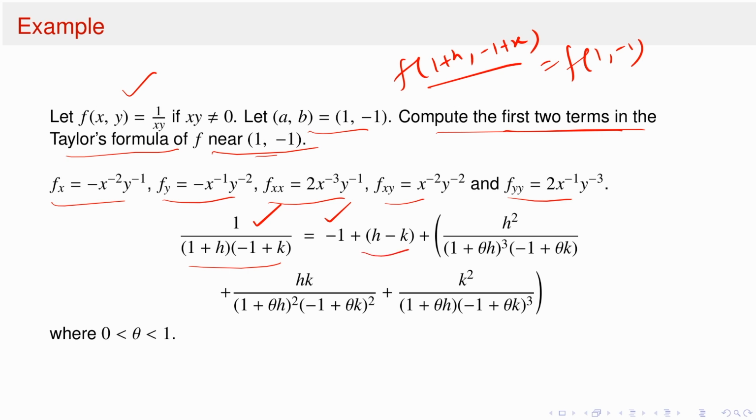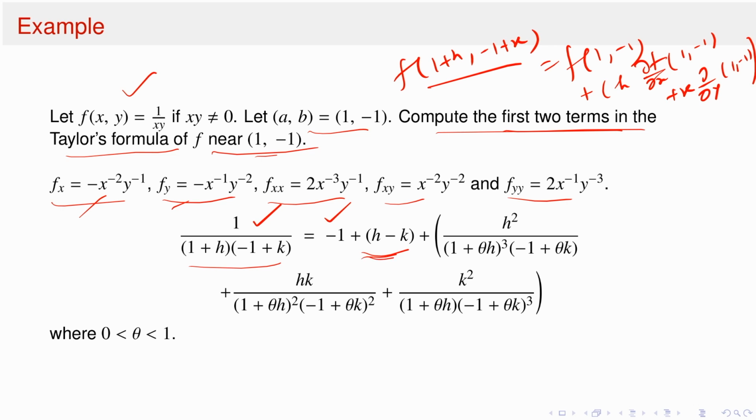So if you remember, this is nothing but f of (1+h, -1+k), plus h into del f del x at the point (1, -1), plus k times del f del y at the point (1, -1). Del f del x you know and del f del y you know, just evaluate it at the point (1, -1). This will give you h minus k, and similarly you can talk about your second order, because I am talking about the first two terms.